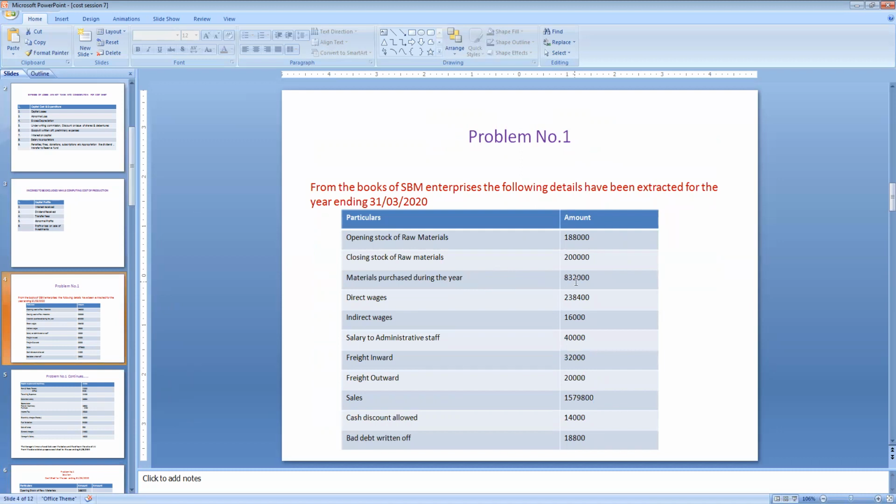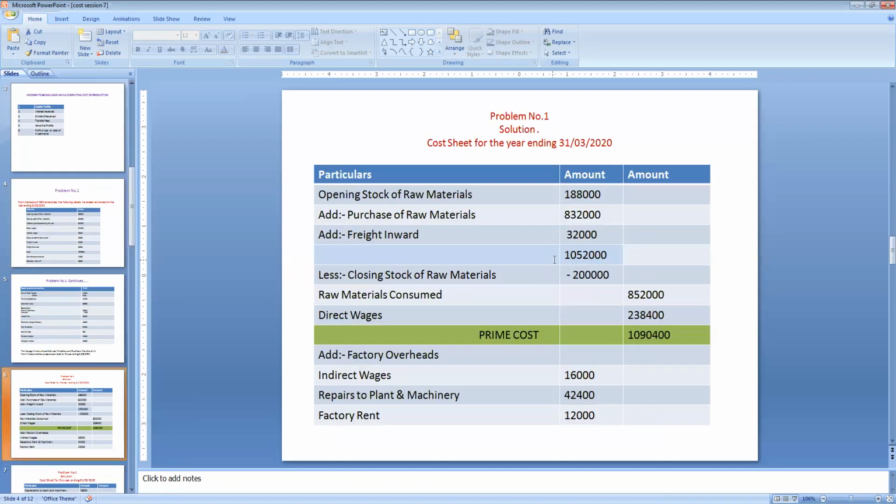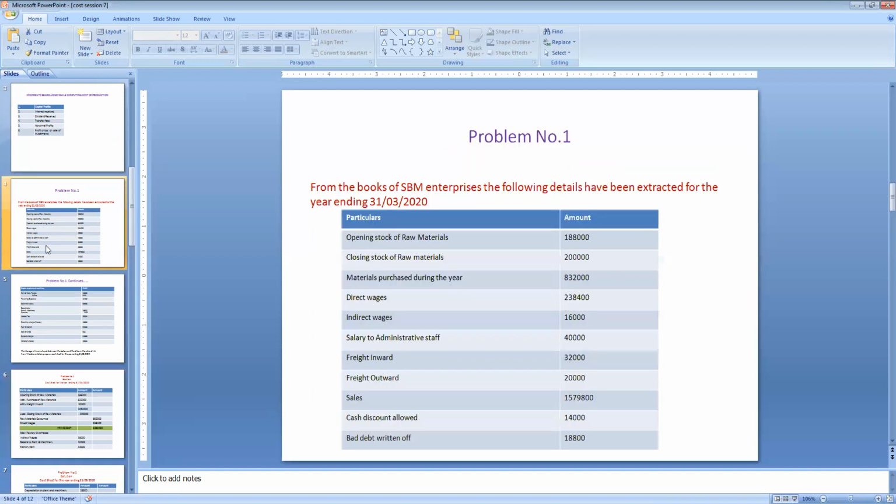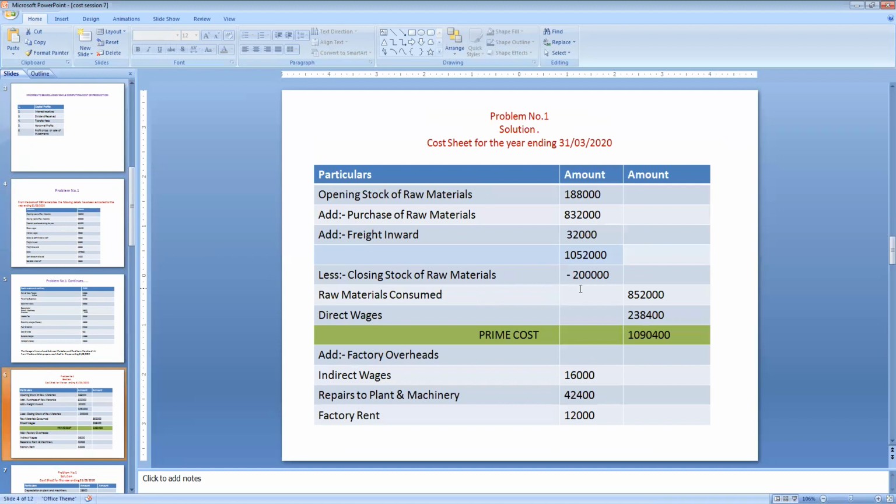Then materials purchase 8,32,000. Then freight invoice is given, 32,000. Altogether it has to be added. It becomes 10,52,000. Then the closing stock of materials is also given, it is 2 lakhs, so it has to be deducted. Ultimately we get the raw materials actually consumed for production, that is 8,52,000.